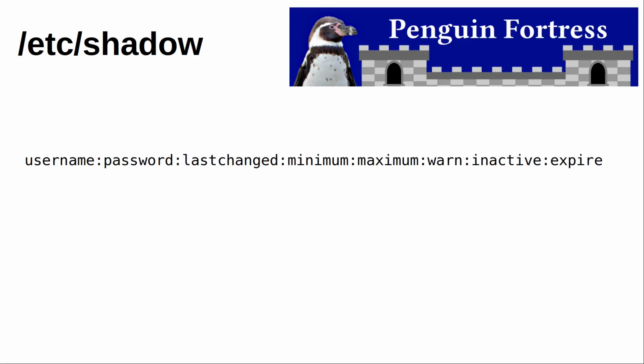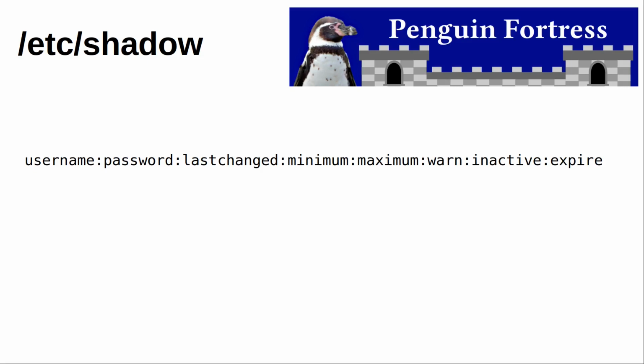However, that would have broken other programs which were relying on being able to access the safer information that's contained in that file. So the solution they came up with was to remove the password from the /etc/passwd file and instead store it in the file /etc/shadow.